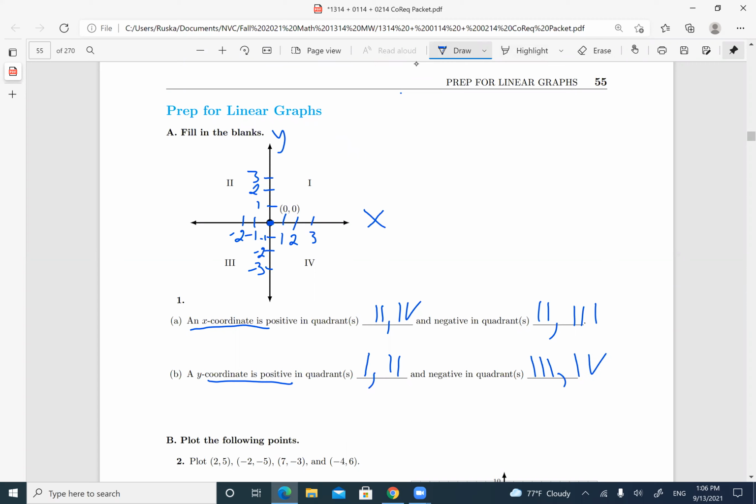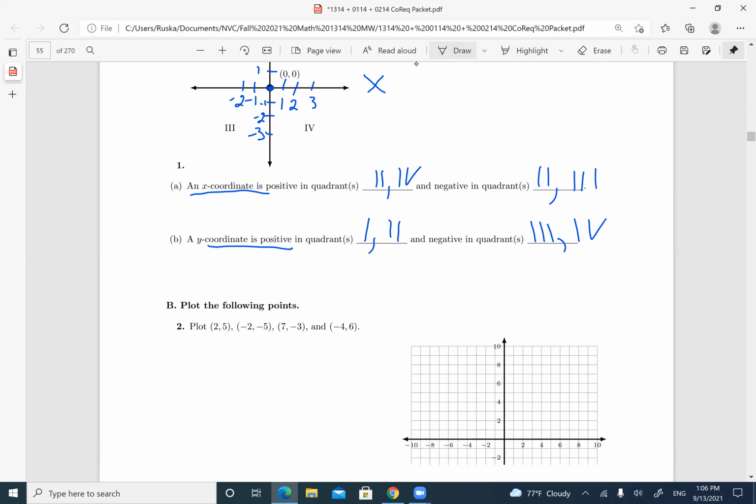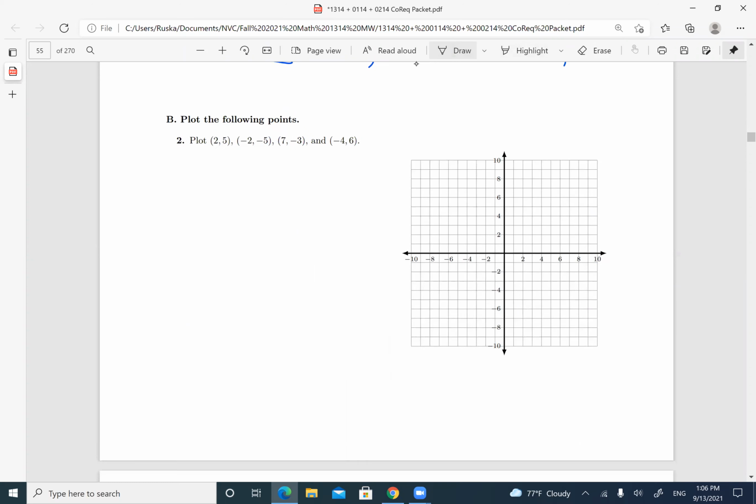So now, how do you graph points? We're going to graph points. Any point has coordinates x and y. So the first number is always x, and the second number is always y. So let's start with the first point, which has coordinates 2 and 5.